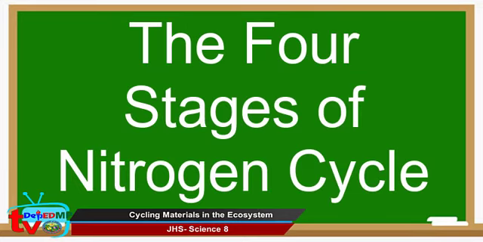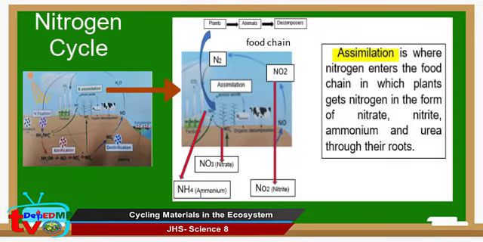To understand further, let us take the 4 important stages of the cycle. First is assimilation. In this stage, nitrogen enters the food chain in which plants get nitrogen in the form of nitrate, nitrite, ammonium, and urea through the roots.